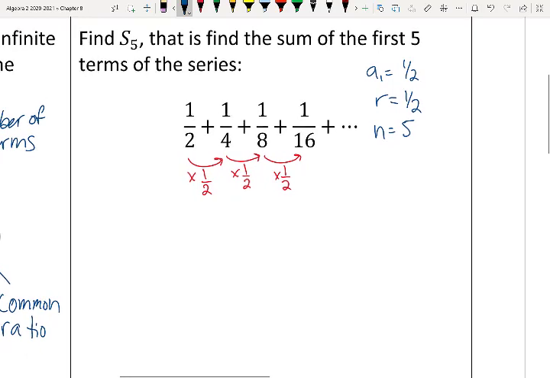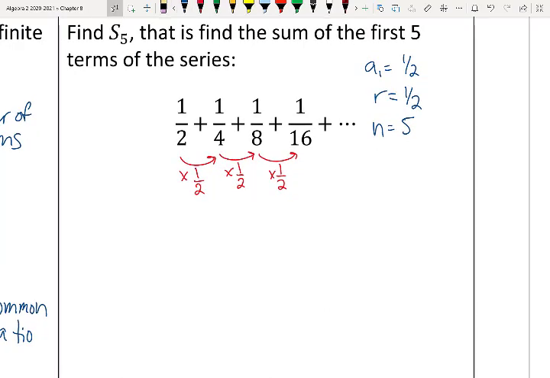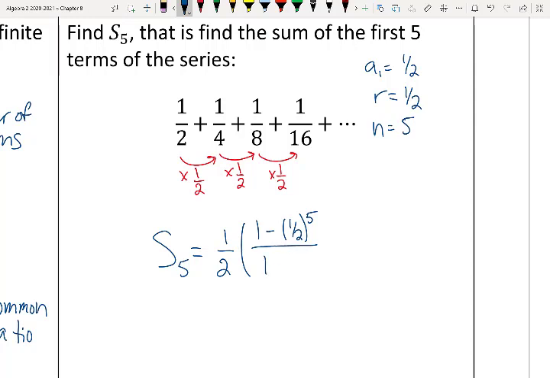From here, I'm going to rewrite my formula, substituting those different values in. I remember my formula, s sub n, the sum of the first 5 terms, is a sub 1 times 1 minus r to the n, all over 1 minus r.